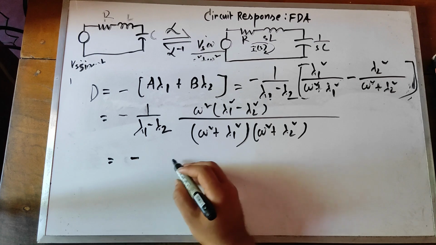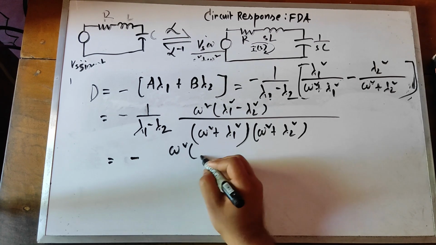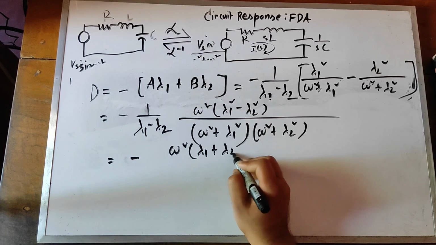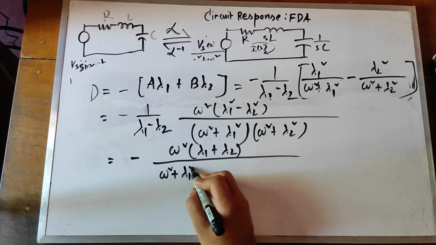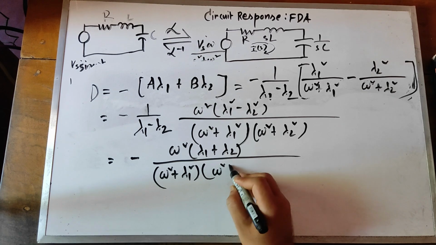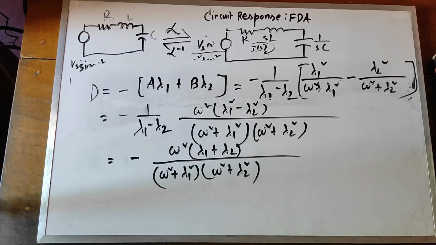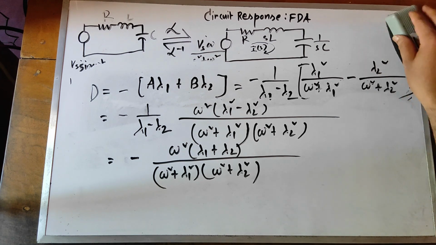Now I have found all the arbitrary constants in the partial fraction of the equation.